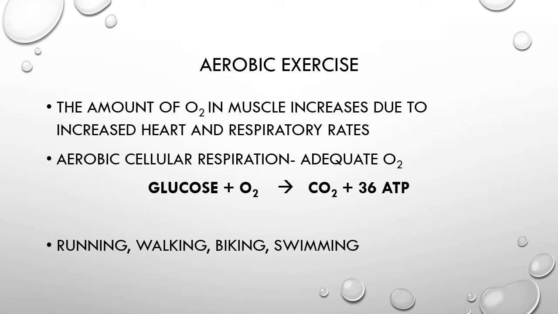So for aerobic exercise, the key here is that we have oxygen. And so oxygen levels in the muscle need to be maintained. And so as we start to use a muscle, that muscle's blood supply is going to increase. And so heart rate may go up, respiratory rate may go up. And this is then going to allow for an increase in blood flow to the muscle.